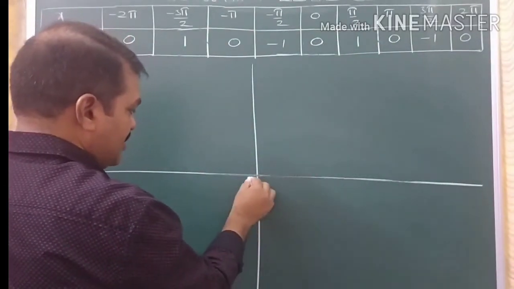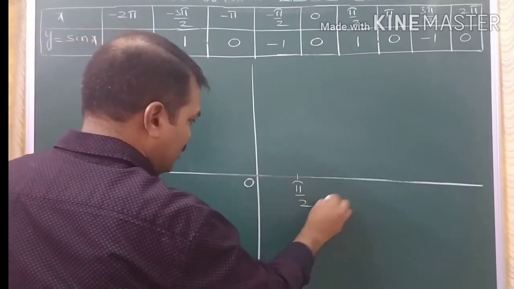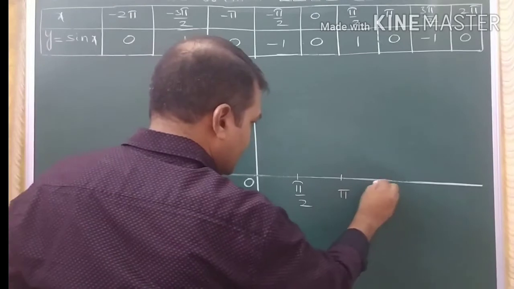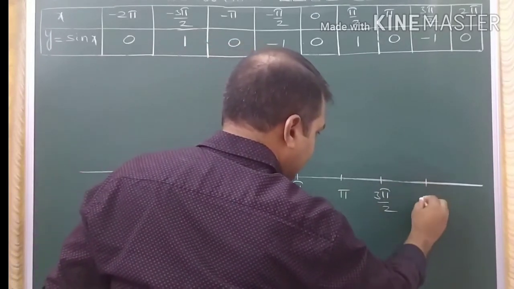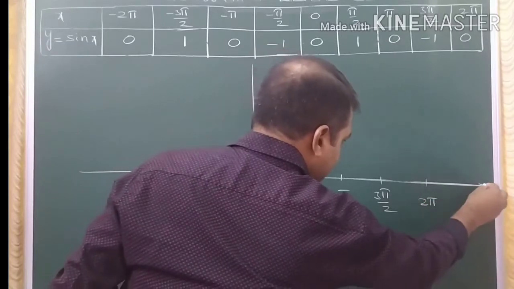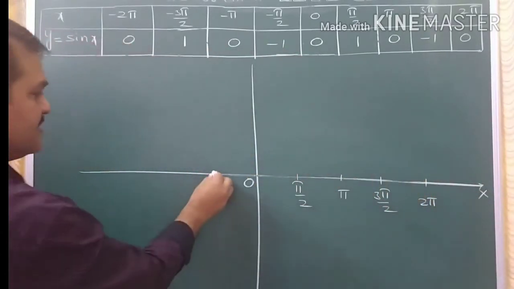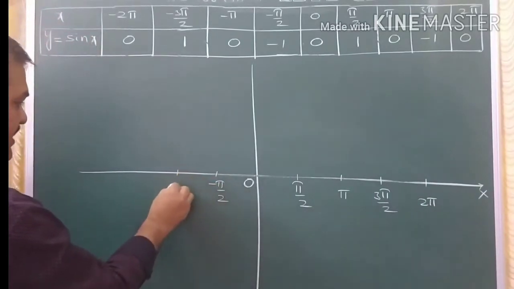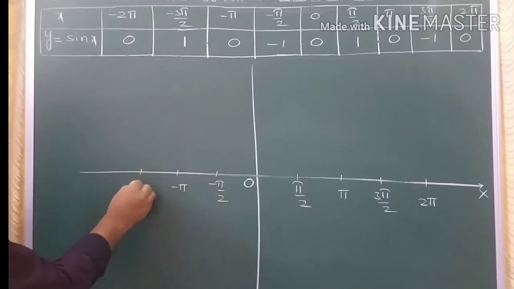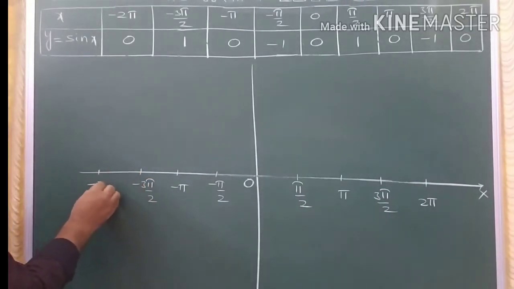Starting from 0, with a difference of pi by 2, we are taking the angles on the x-axis. This is the positive side of the x-axis and this is the negative side.